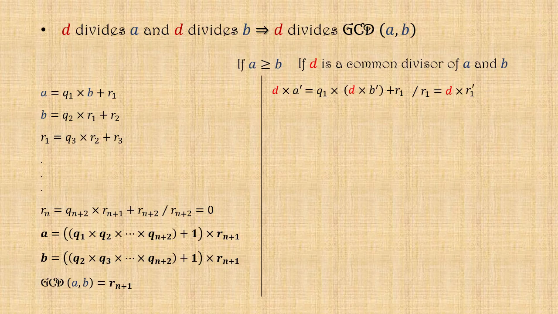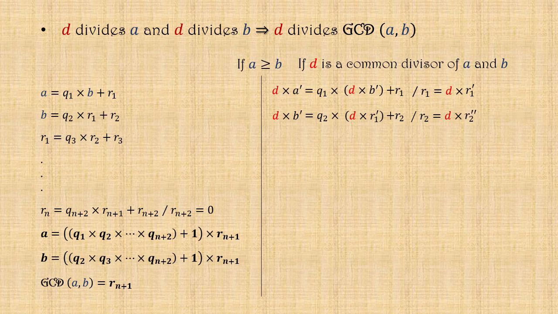So, d divides r1. For the second Euclidean division, we have b equals q2 multiplied by r1 plus r2. By replacing b by d multiplied by b prime and r1 by d multiplied by r1 prime, we would find that r2 equals d multiplied by b prime minus q2 multiplied by r1 prime. Let's note this number r2 prime.